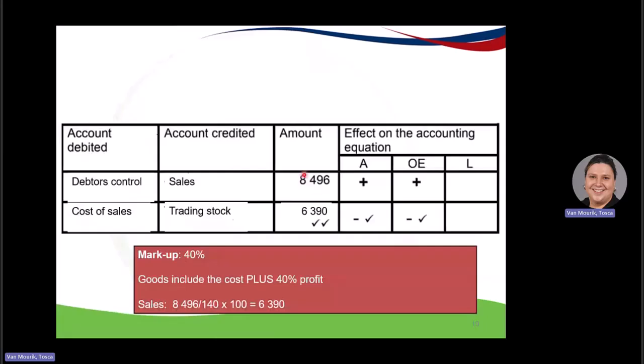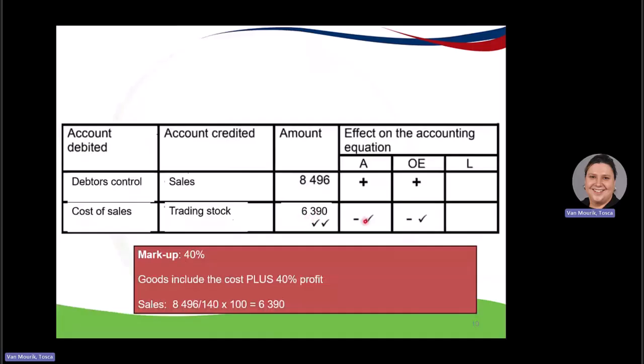So this 8.4 thousand includes the cost price, the 100%, plus my 40% profit. So my sales is then equal to 140%. So it's 8,496 divided by 140 times 100%.